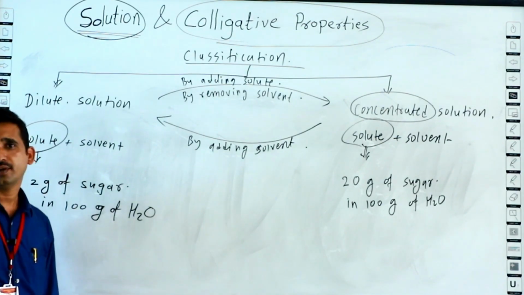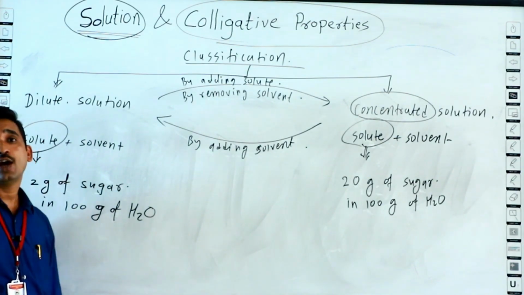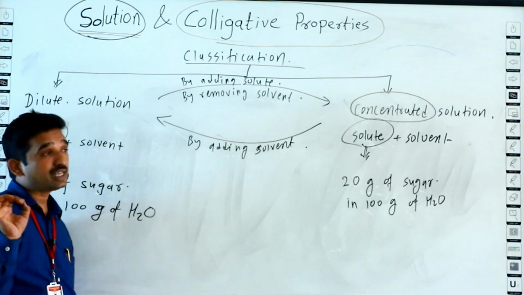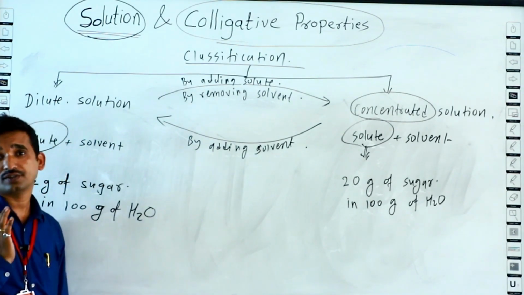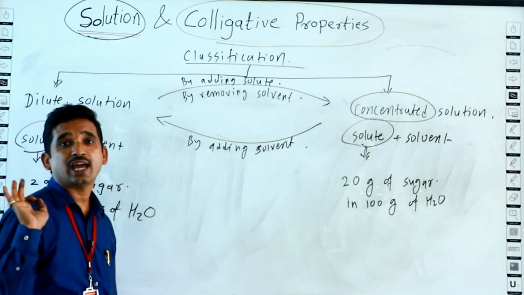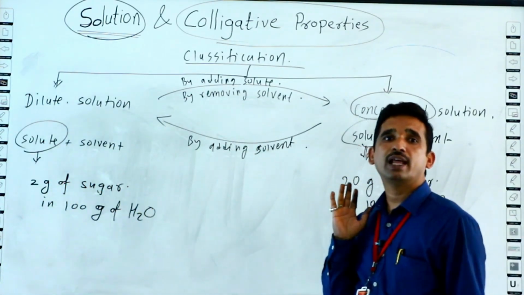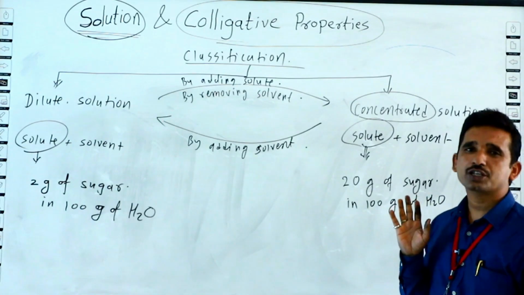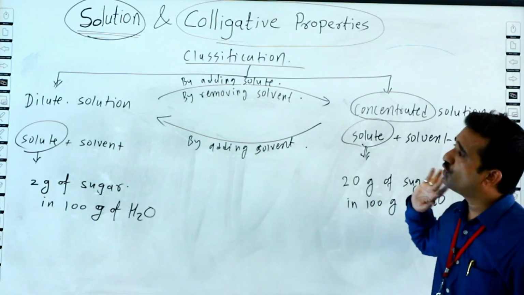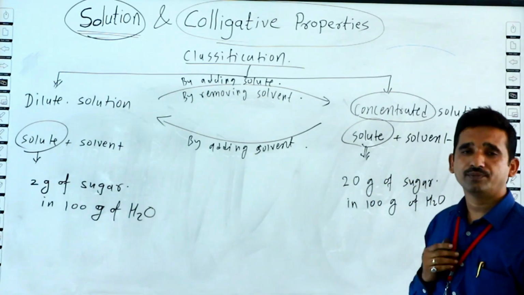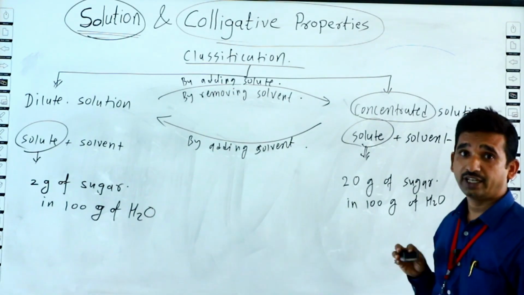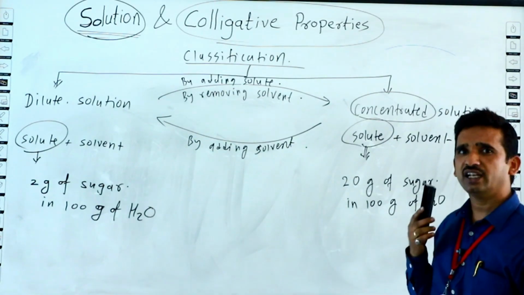Next bit of this chapter, we have to express various concentrations, that are molarity, molality, normality, mole fraction, so on. So that next type of expressing method we will discuss next.